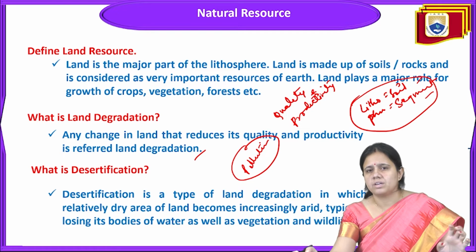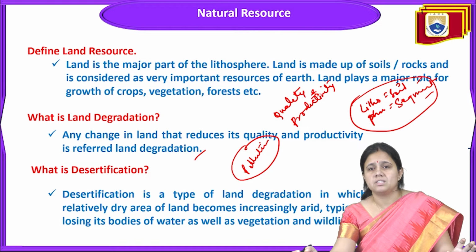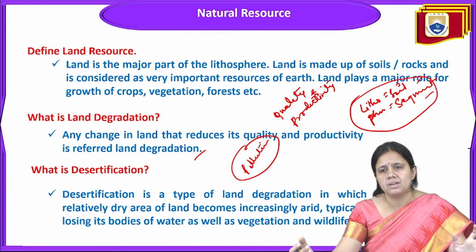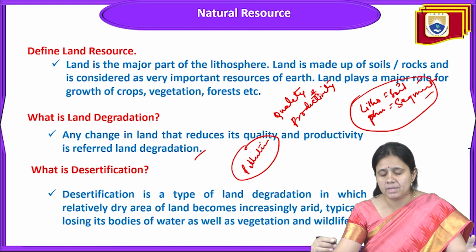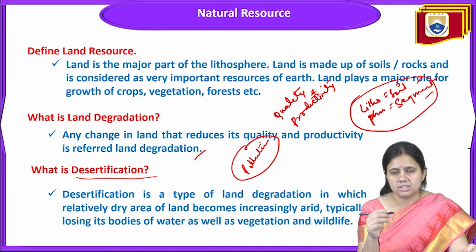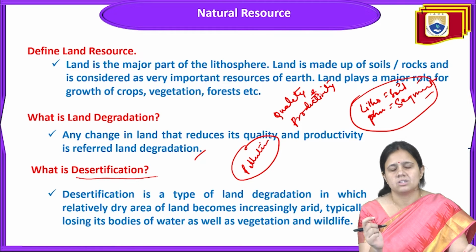The next definition regarding it is: what is desertification? Desertification is again a type of land degradation in which a relatively dry area of land becomes increasingly arid, typically losing its bodies of water as well as vegetation and wildlife. The term desertification is all related with land degradation.